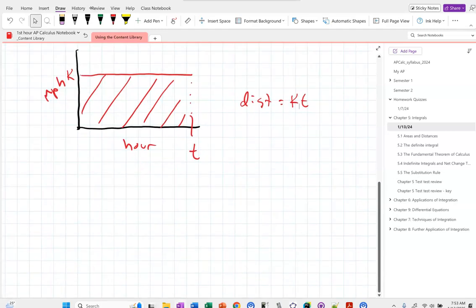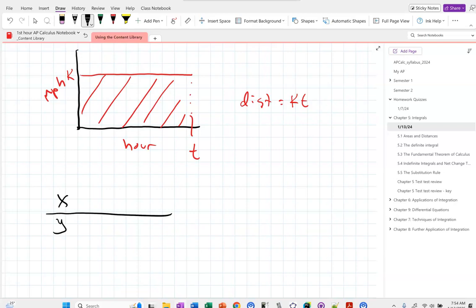Does that feel okay? That's about what you should have taken away. So in section 5.2 then, what we say is, okay, that's all well and good if I have a table of data, like if I have some x's and some y's, which I'm going to call dy/dx's because they're rates.